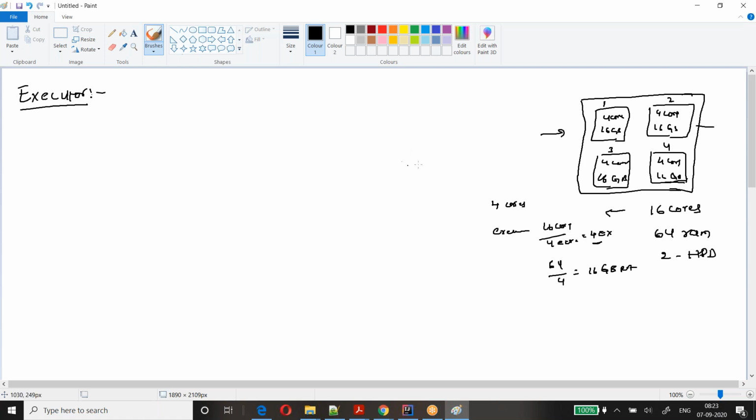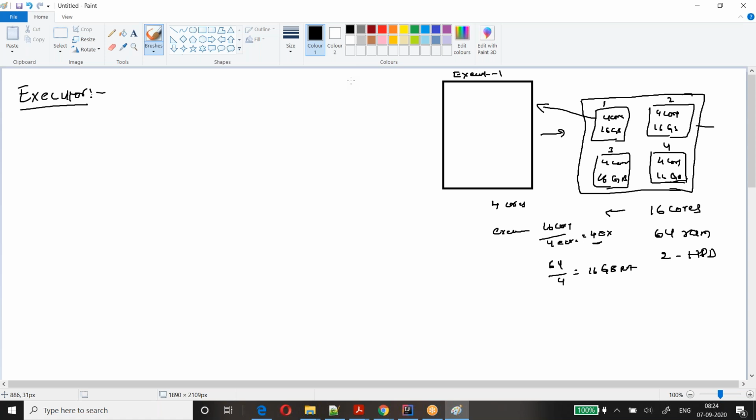And every executor, I'm taking an example from here. Okay, one executor I'm taking. Let me take a box. I'm taking one executor here for a sample. This is executor 1. So this executor has how many cores? 4 cores.